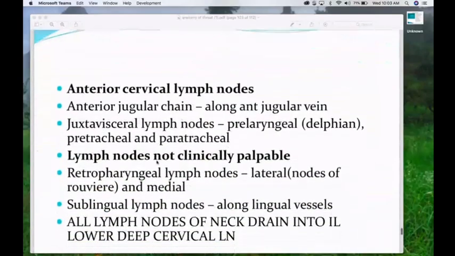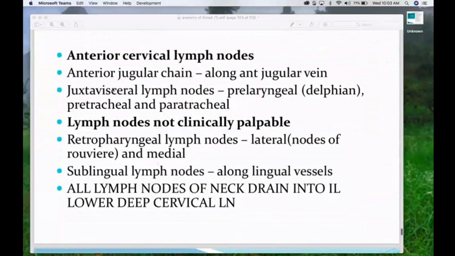Anterior cervical lymph nodes are anterior to the jugular chain along the anterior jugular vein. Juxtavascular lymph nodes, prelaryngeal, called the Delphian lymph node, pretracheal lymph node and paratracheal lymph nodes. These are the different sites of lymph nodes where multiple lymph nodes are present.